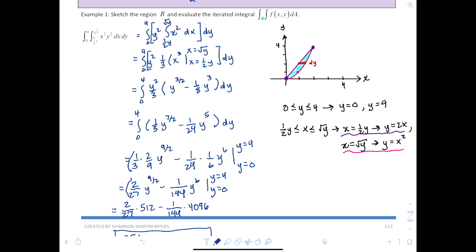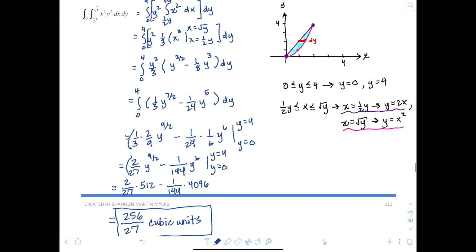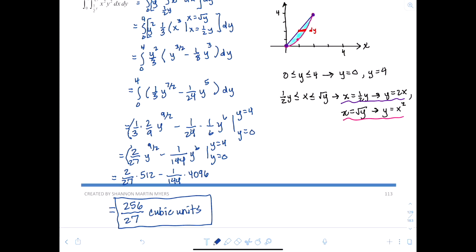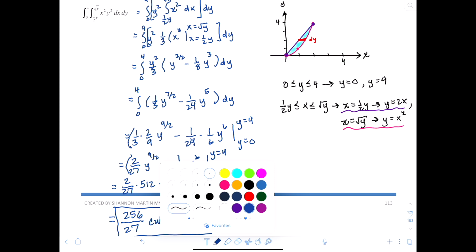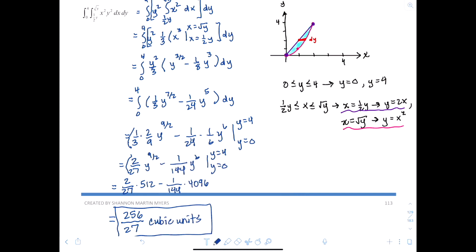So that's the region. Now, just for fun, we weren't asked to do this, how would we go about setting this up as dy dx? You want to practice that? So we would have the same graph, right? But in this first graph, remember, we had functions of y.